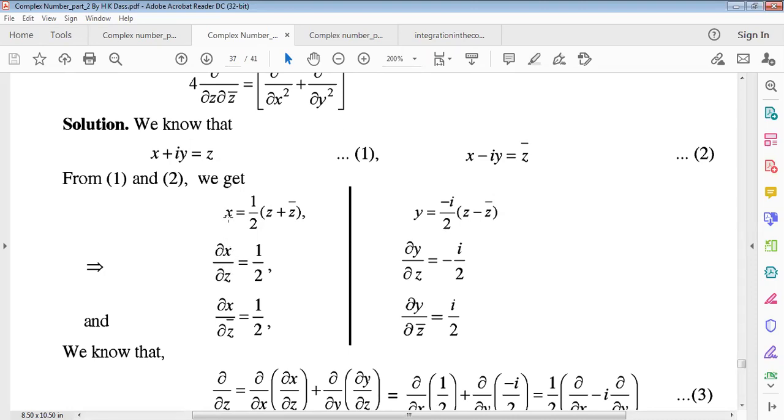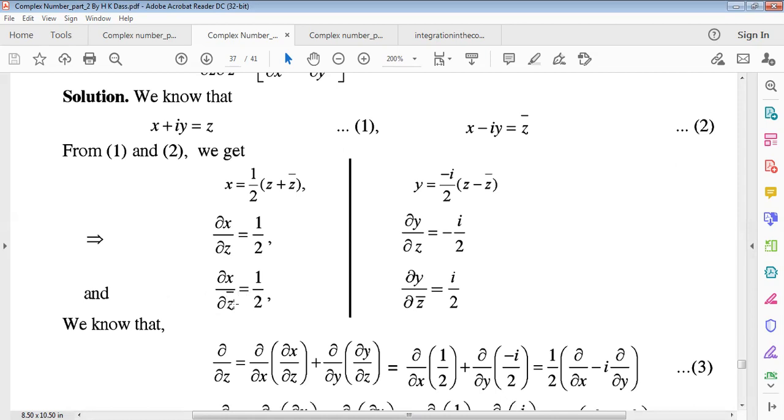So partial differentiation of x with respect to z. Here x is the dependent variable and z is the independent variable. Remember it. So del x by del z equals half, and partial differentiation of y with respect to z is minus i by 2.